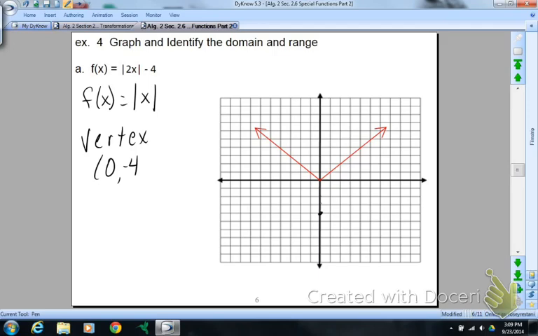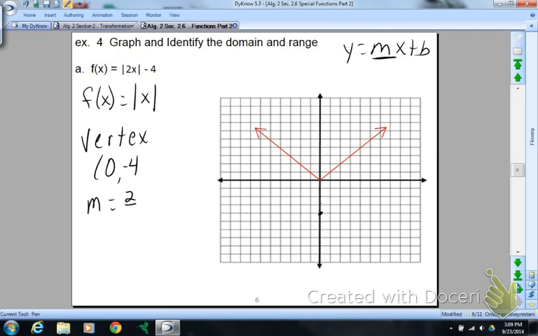Now, if you notice, there's a number in front of x. What is that? We've never had a number in front of x before. The number in front of x, just like when we did slope-intercept form, when we graphed a line y equals mx plus b, that m was our slope. It determined how steep our line is. Same thing with absolute value. So from your vertex, we look at our slope is 2.